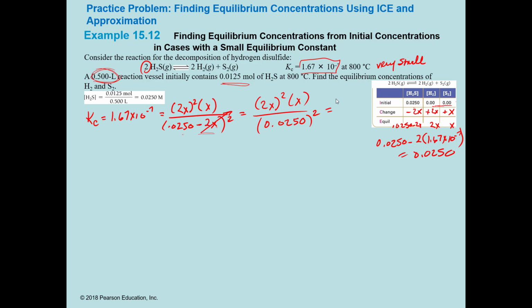Okay, and then that's also equal to, and make sure you do this right because this whole thing is squared. So that's like 4x squared times x, which is 4x cubed, divided by 6.25 times 10 to the minus 4. That's 0.0250 squared.